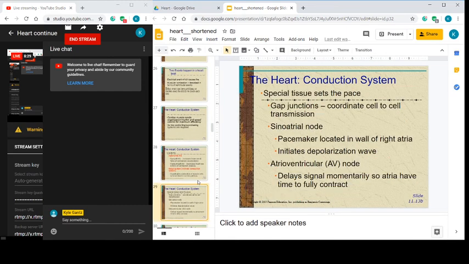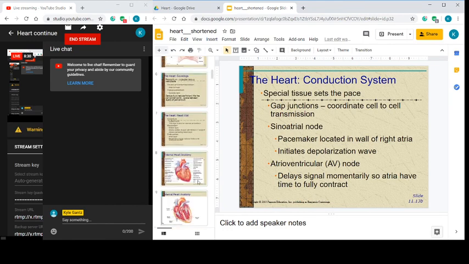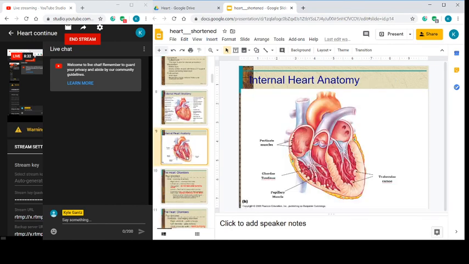All right, so what we're basically saying there is this. Let me go back up to here. We need this giant muscle to contract in a way that will squeeze the blood from here to here, and then from here to here, right?